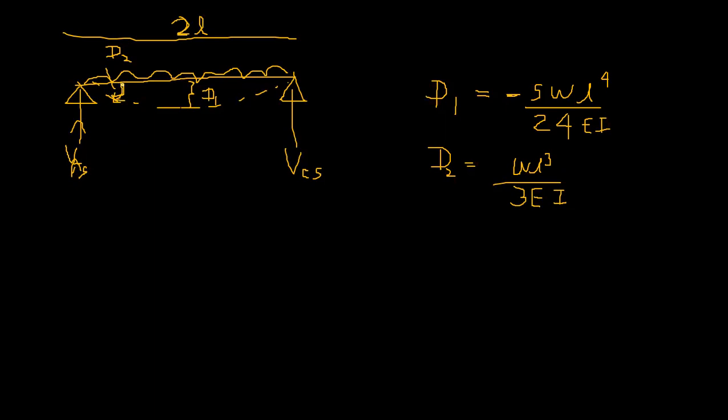Original position was this, now it has clockwise rotation, so this is positive, right? No problem with that. So this is a simple symmetrical beam. So this can be evaluated by 2L into W divided by 2. So that means WL.